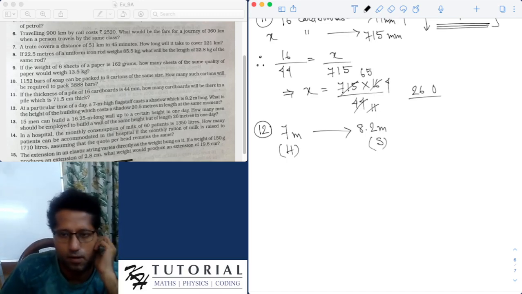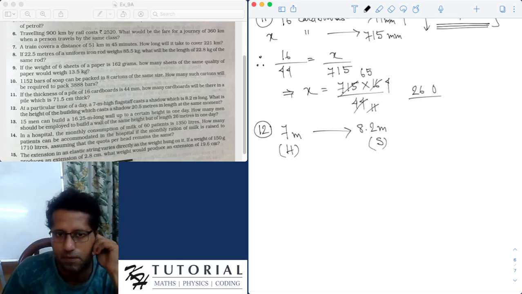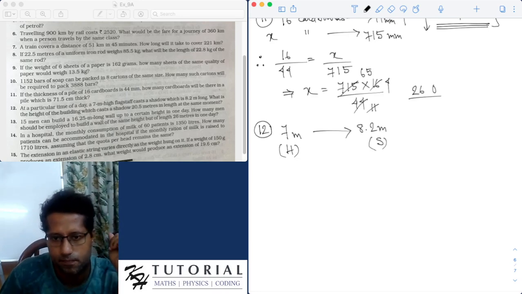So one fact given about a Flagstaff is that a 7 meter high Flagstaff casts the shadow of 8.2 meter. Now it is asking for a building, what is the height of the building which casts a shadow of 20.5 meters in length. So let's say the height of the building is x meter.